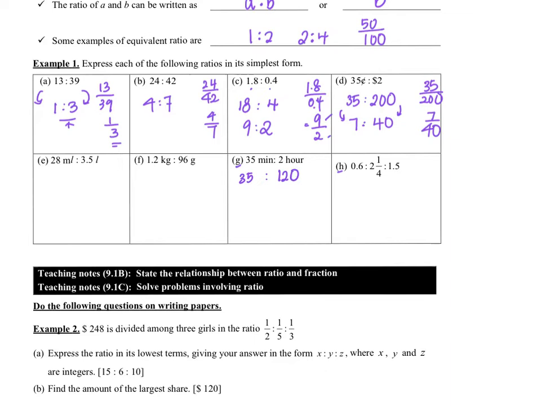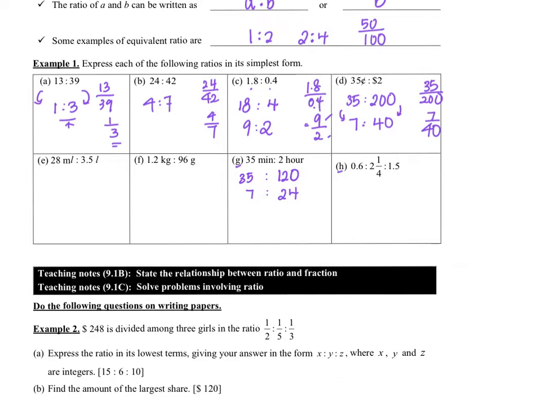Okay, then now I'm going to use 35 over 120, and that gives me 7 over 24. That means 35 divided by 5 will give you 7. 120 divided by 5 will give you 24. So this will be the ratio in the simplest form.